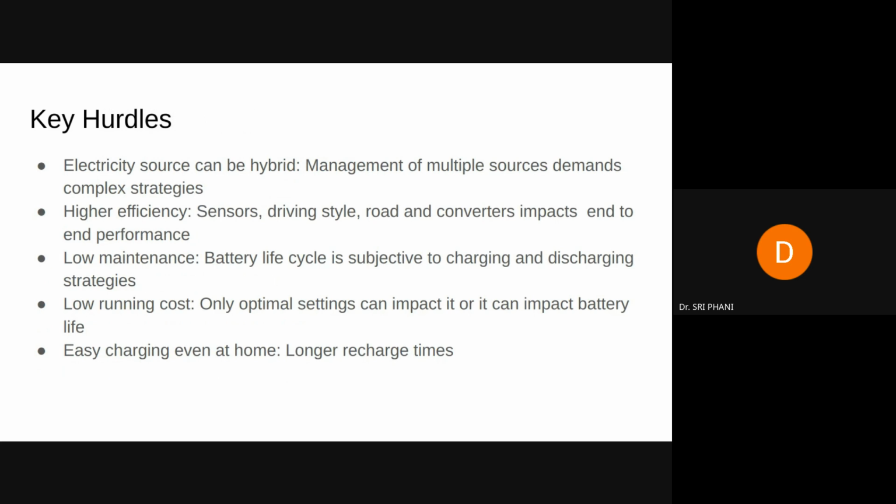But whenever you have such kind of transformation, you will always face certain challenges. What are those common challenges when you want to make the electric vehicle the most prominent solution? One of the problems is that the electricity source can be hybrid, but management of multiple sources demands complex strategies.